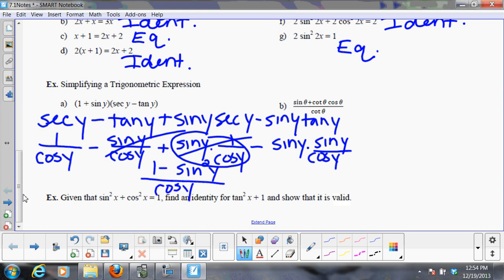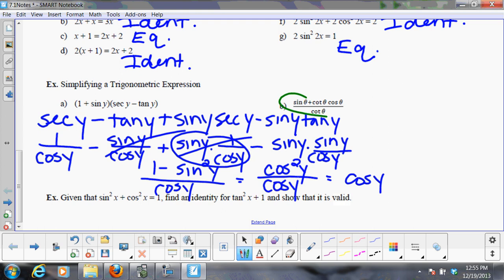And 1 minus sine squared, well, that's just the reverse of a trig identity up above. 1 minus sine squared y is equal to cosine squared y over cosine y. And cosine squared y over cosine y, they each have a cosine, so this will reduce to cosine y. Very good.